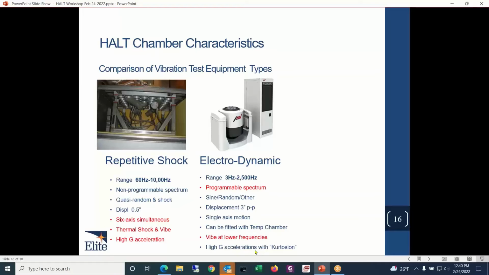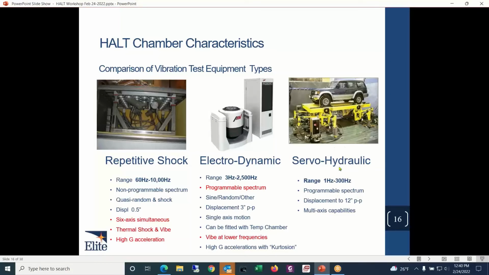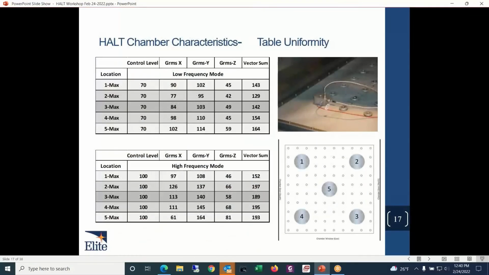It's a product that they call Crotosian that allows higher peak accelerations to be put back into the vibe test. I'll mention very briefly that there's a third type of vibration machine, the servo hydraulic type, which we don't necessarily have here at Elite, but just keep in mind that there are three types of vibration available to evaluate product durability and reliability.